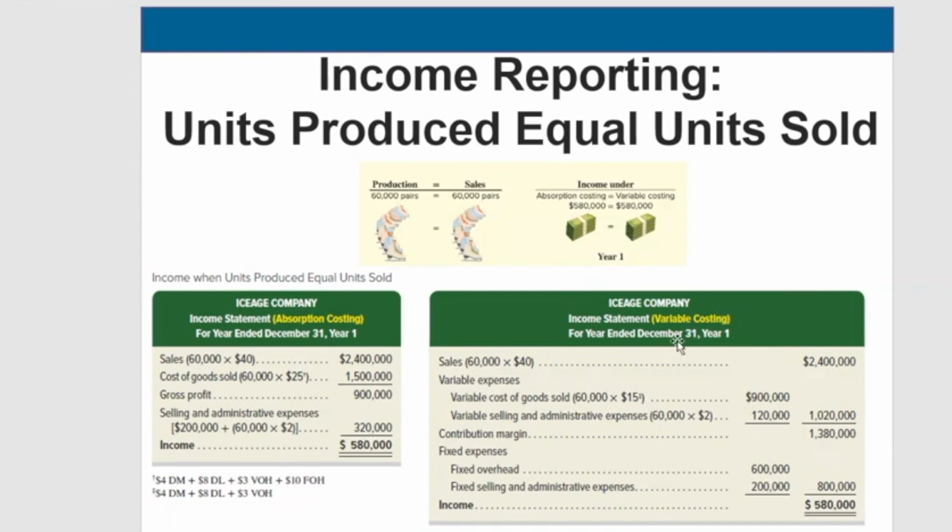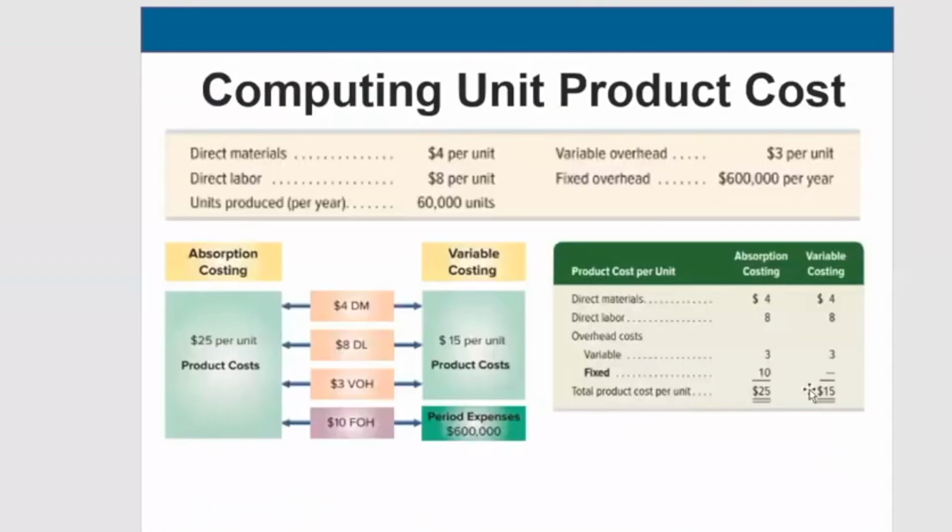Under variable costing, we take out sales minus the variable expenses. And that's the variable cost of goods sold and the variable selling and administrative. All variable expenses, even the ones that don't relate to production. But that gives us that magic number that you learned about in the last chapter, contribution margin, which is sales minus variable cost. The $15, that is this.